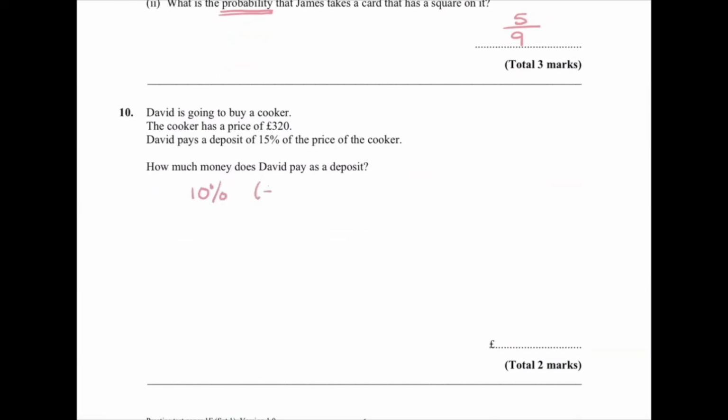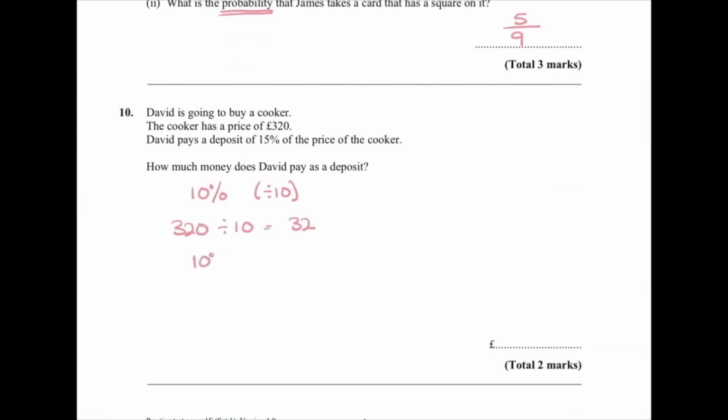10% is always divide by 10. It's the only one that works like that. If you had to find 20%, you wouldn't be dividing by 20. In this case, we need to find 15%. We're not dividing by 15. We will divide by 10 though. So 320 divided by 10 is 32.